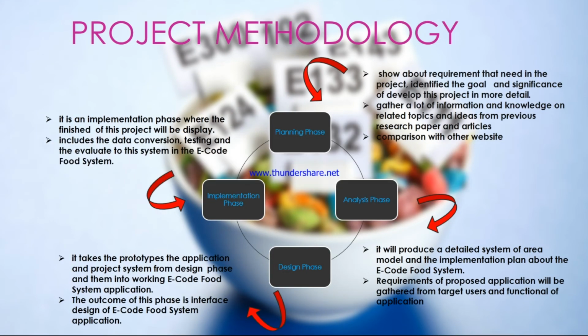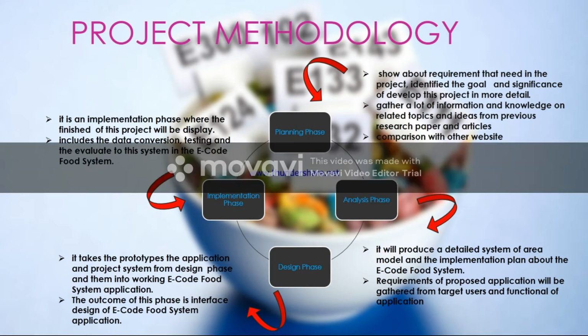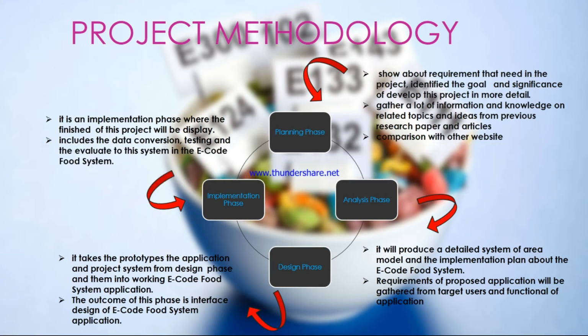The project methodology. For the methodology in this project, I chose to develop the E-code Food System using the System Development Life Cycle, SDLC. The reason I chose this method is that it offers a lot of advantages for my project.